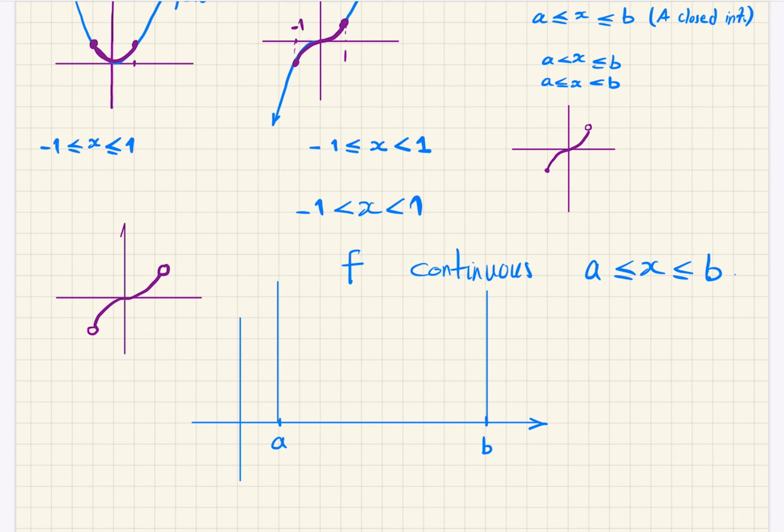Now, another question for you. If I ask you to categorize the points at which the maximum and minimum of a continuous function on a closed interval can occur, what type of points will you have? Where should I look for the points at which the function has its maximum and its minimum?